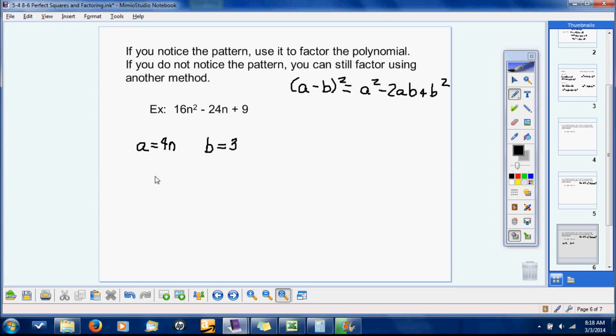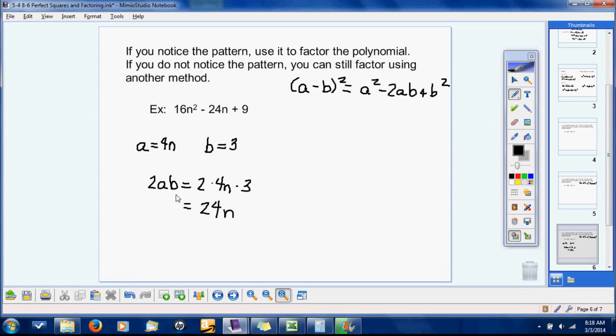So let's check and find out. 2ab is 2 times 4n times 3, which does equal 24n.